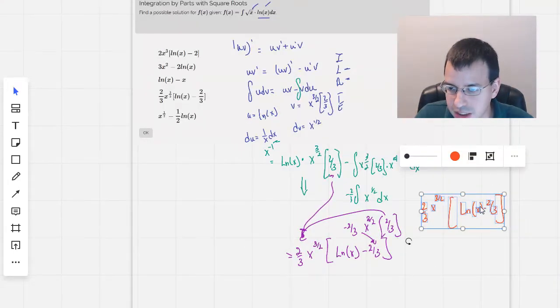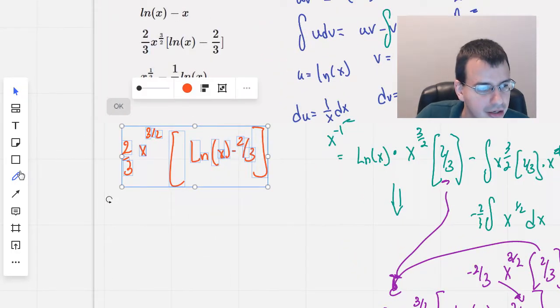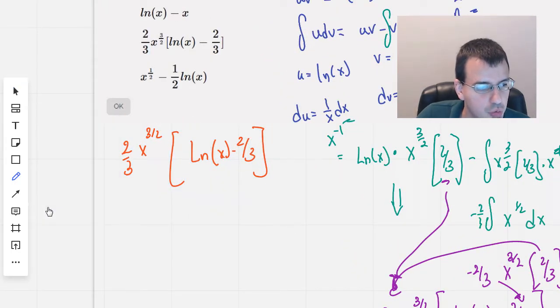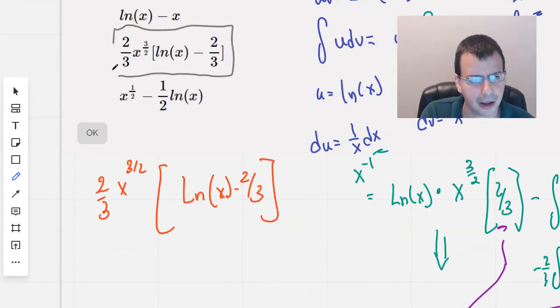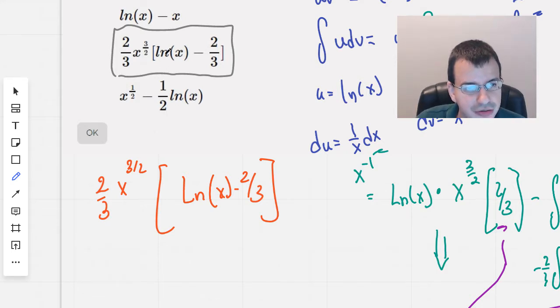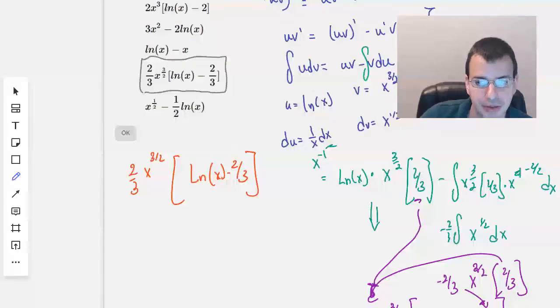But since we have the 2/3 on the outside, we'll keep it that way. Okay, so we got here. Ooh, gray. I don't usually use gray, though I do enjoy gray as a color. Very neutral. Okay, so 2/3 x to the 3/2, natural log of x minus 2/3. Yes, go team.